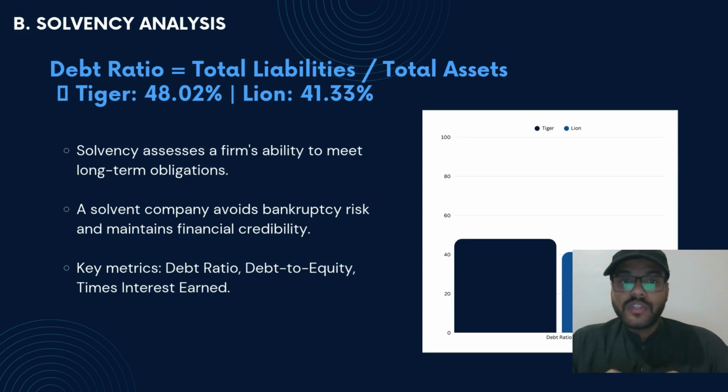If we compare both companies, Tigers and Lions, Tigers' debt ratio is 48.02% and Lions is 41.33%. So what does it tell us? It tells us that Lions relies less on debt and has a more conservative capital structure, making it less vulnerable to financial distress.